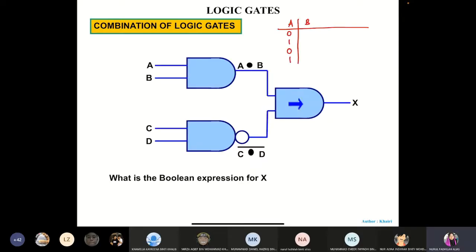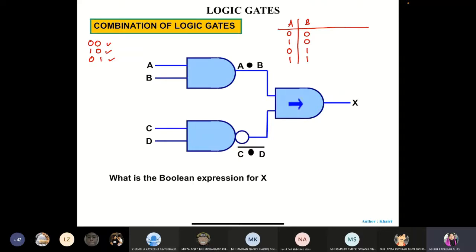Apa pasangan dia? 0, 0, 1, 0. 1, 0 juga. 1. Ada pairing yang berbeza. So sekarang ni pairing yang kita dah ada 0, 0, pairing 1, 0, and then kita ada pairing 0, 1, and then apa lagi pairing yang tak ada? 1, 1. Yeah, so this is the best way for you to remember lah.